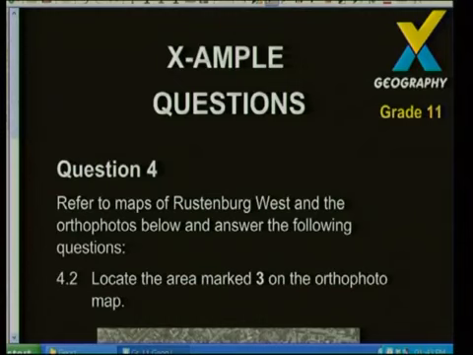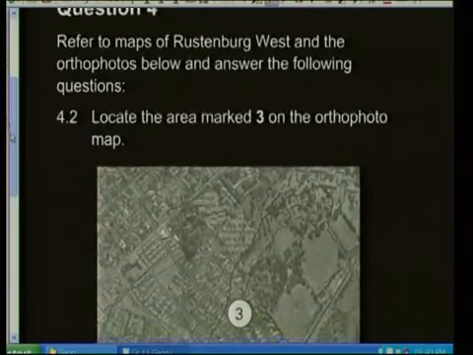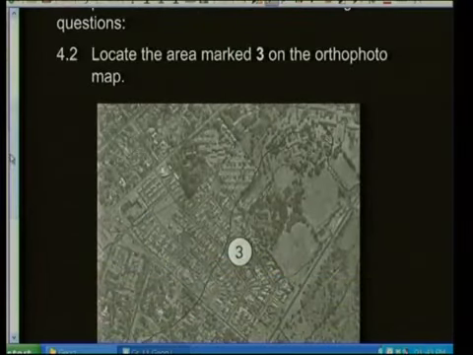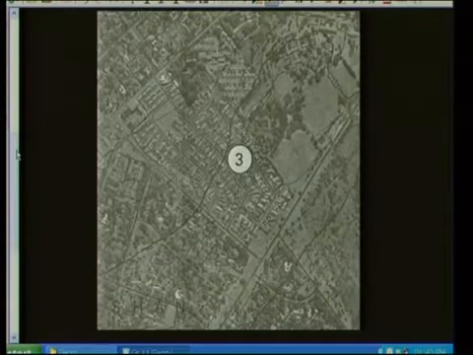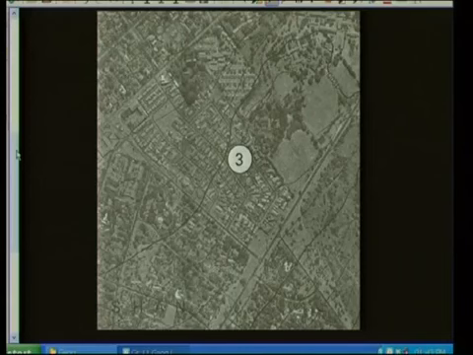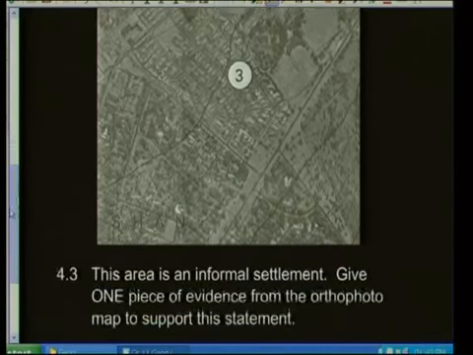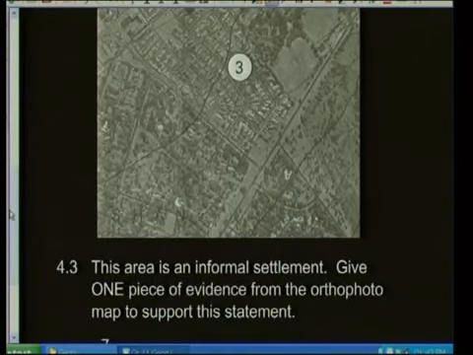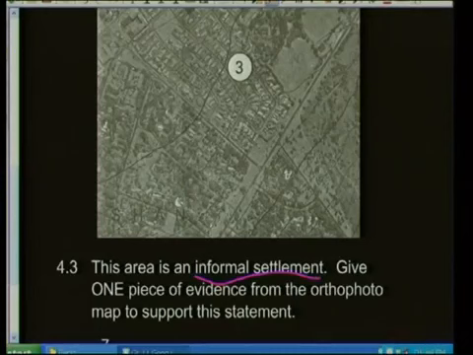Then the next one, it says, locate area mark 3. Just out of interest, and we may not do so much on the high income or low income areas, etc. And it says, this area is an informal settlement. So obviously, if you get something like this popping up, we have to give you an idea if we haven't dealt with sort of high income, low income identification.